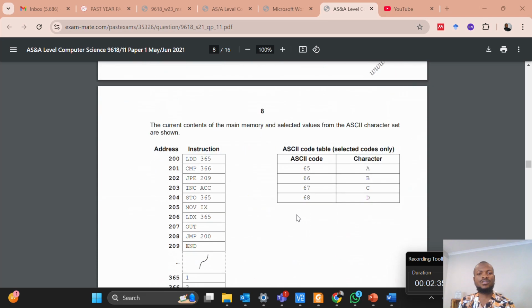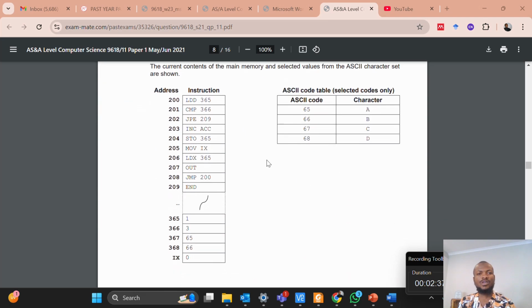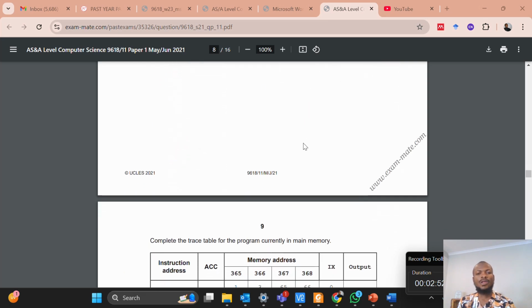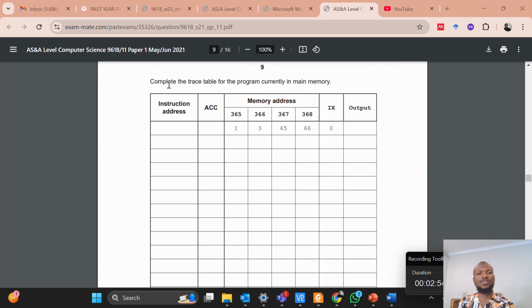This is the question. The current contents of the memory and selected values from the ASCII character set are shown below. This is the address, this is the instruction for each address, and this is the ASCII table for the selected codes only. The question says complete the trace table for the program currently in the main memory.